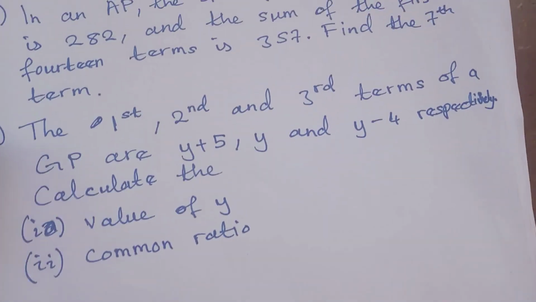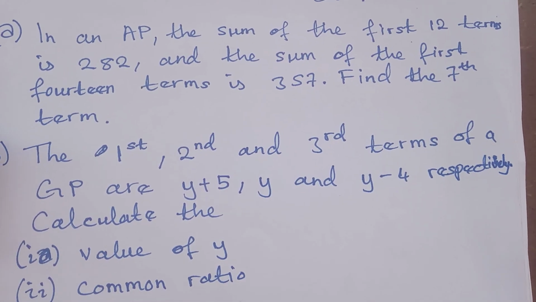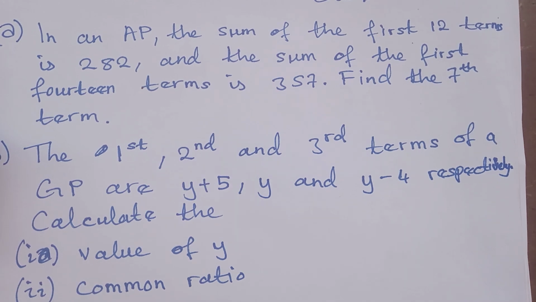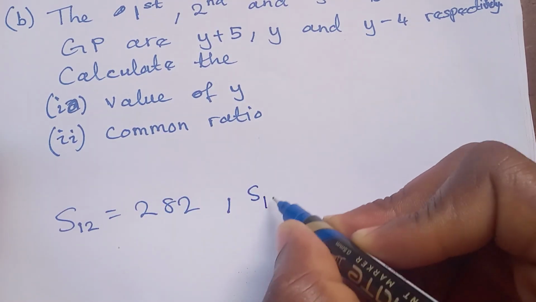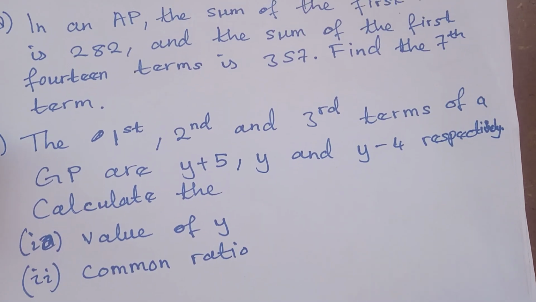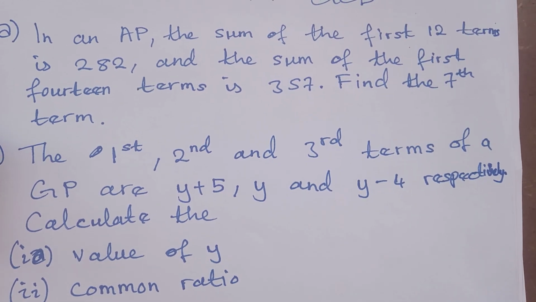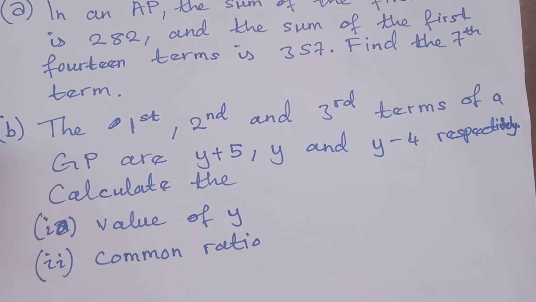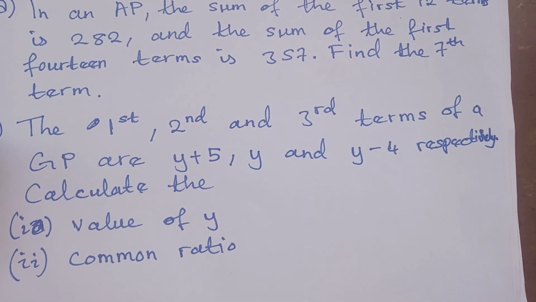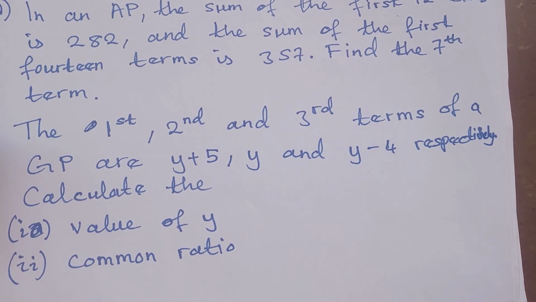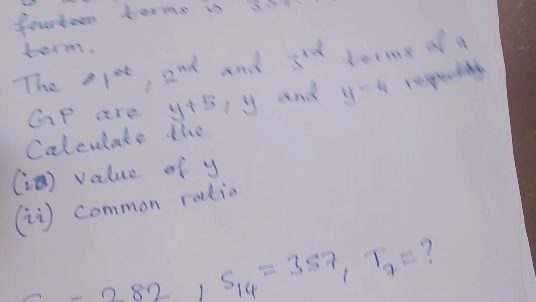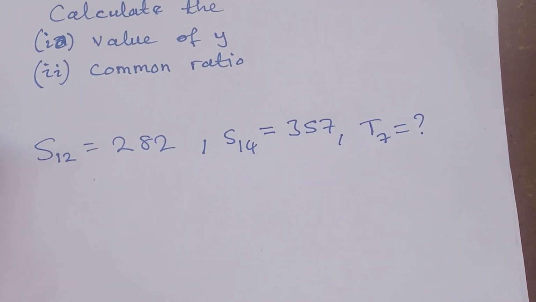I've written it down. And the sum of the first 14 terms is 357. And then find the seventh term. What is the seventh term?